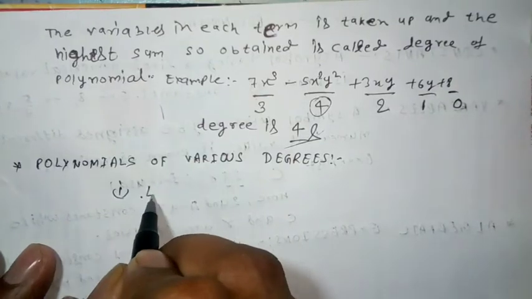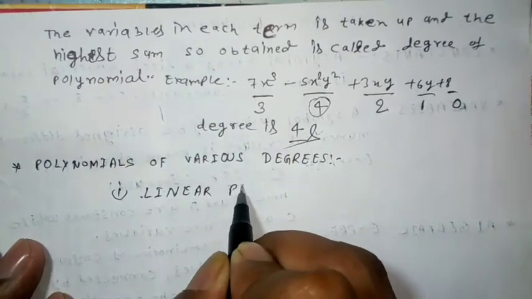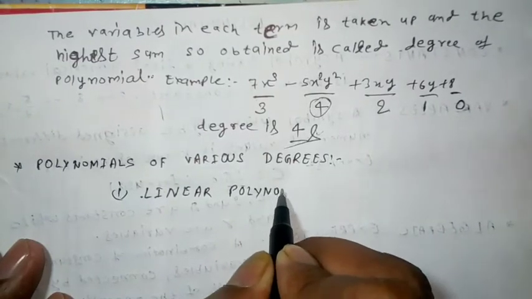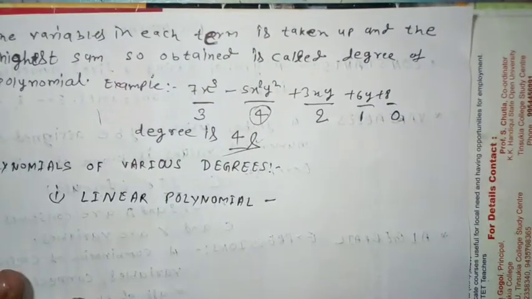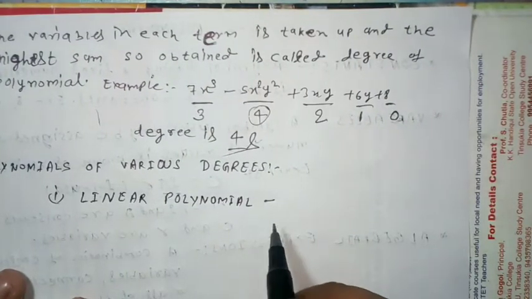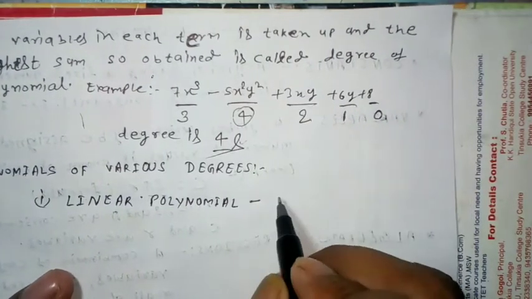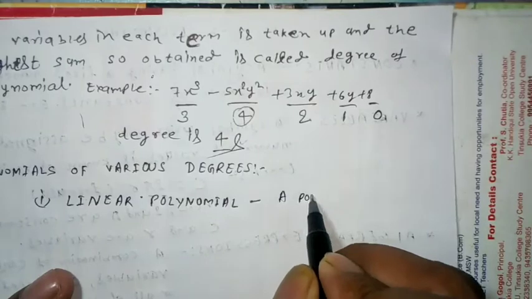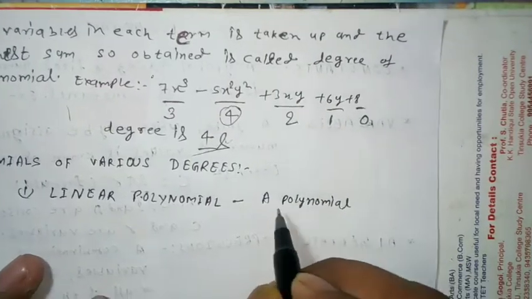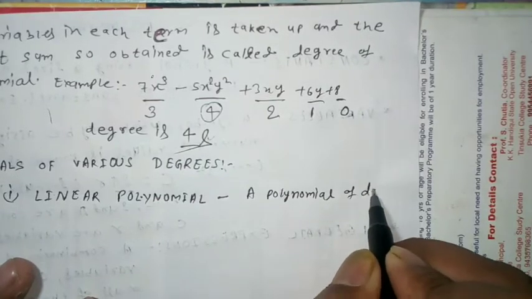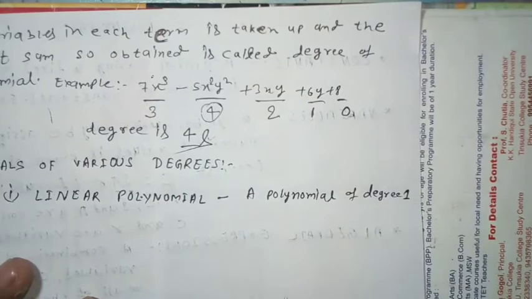Linear polynomial. Okay, a polynomial of degree 1 is called a linear polynomial.